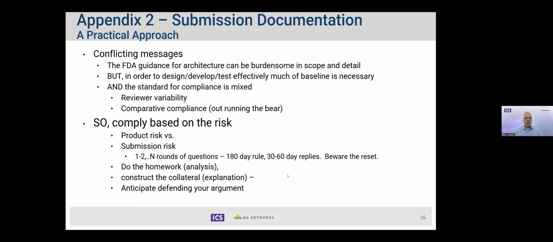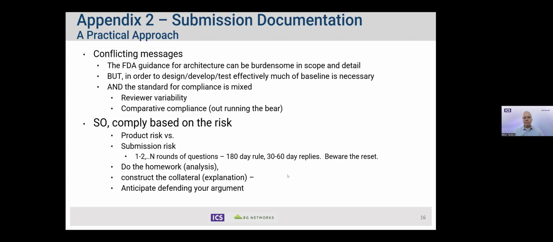So going back to how deep to go, a practical approach: your compliance should be based on the risk, and not just the security product risk, but also the risk that your particular company can handle around the submission. If one or two rounds is normal in terms of a 510(k) and rounds of communication with the FDA, it can go beyond that. And it's a valid question to say, do you have to nail this in one or two, or if it goes into three or four, do you have the capacity for that?